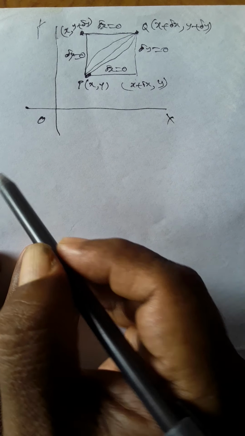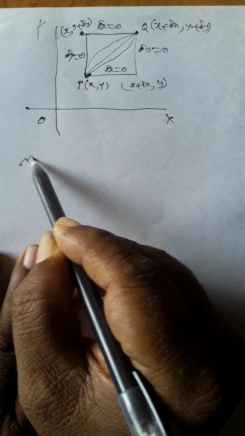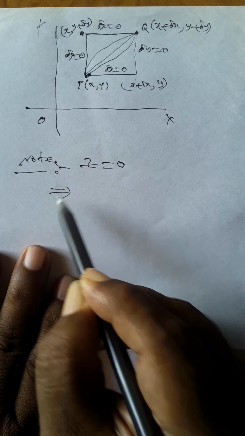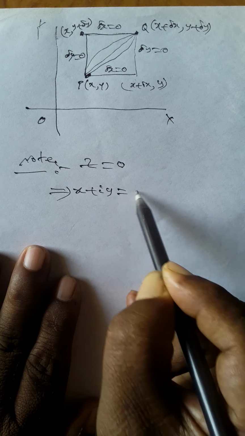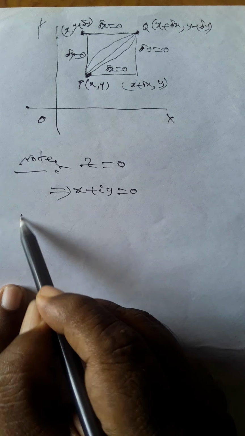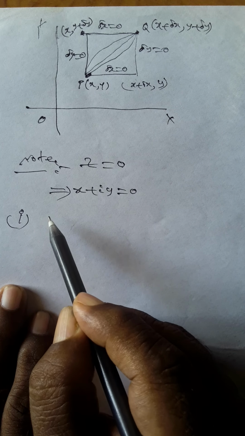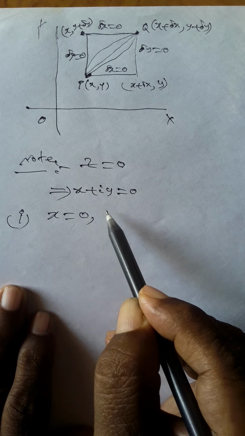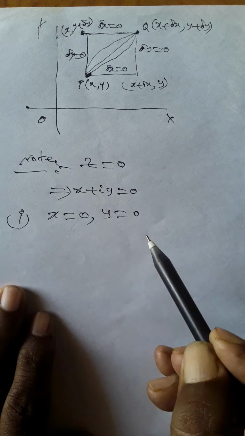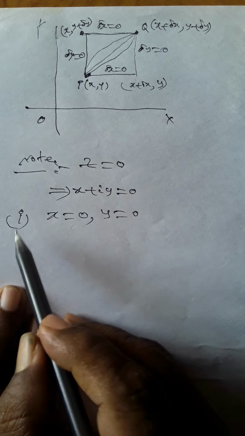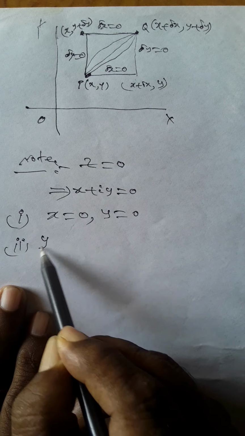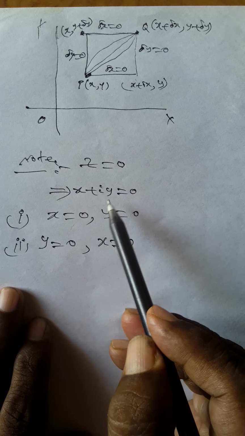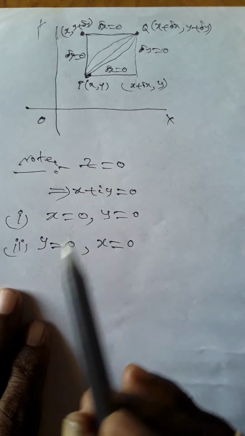Note, here z = 0 means x + iy = 0. How many ways does it happen? First x = 0, second time y = 0, automatically we get z = 0. Second way, first y = 0, then x = 0, automatically we get z = 0.